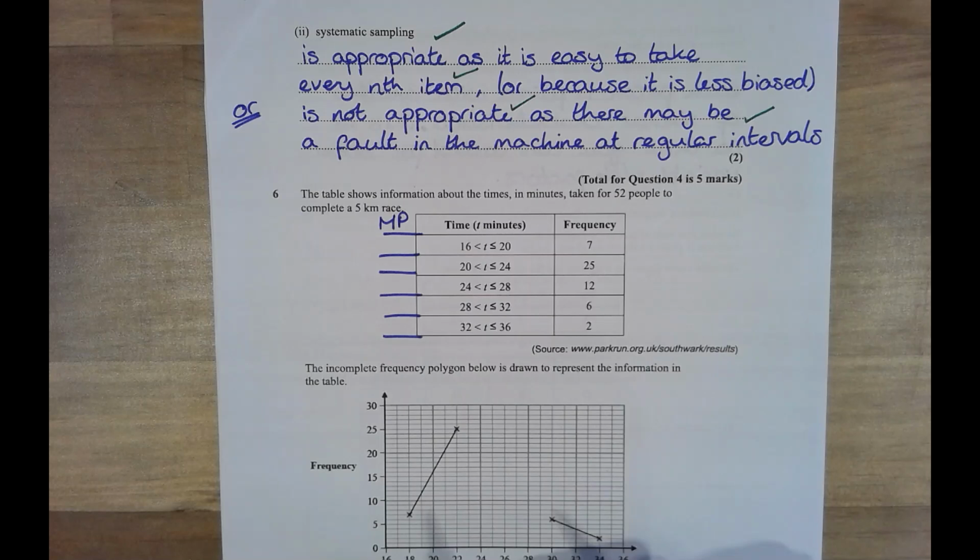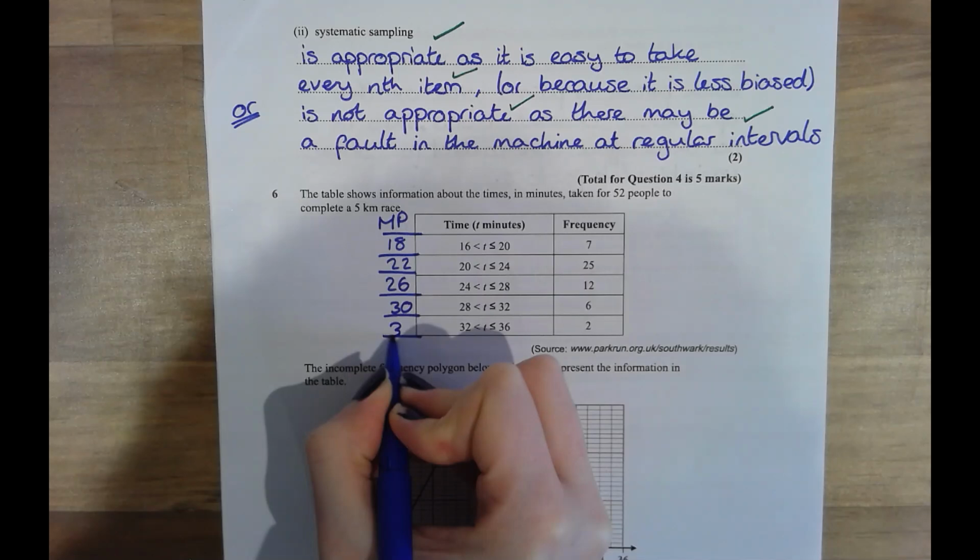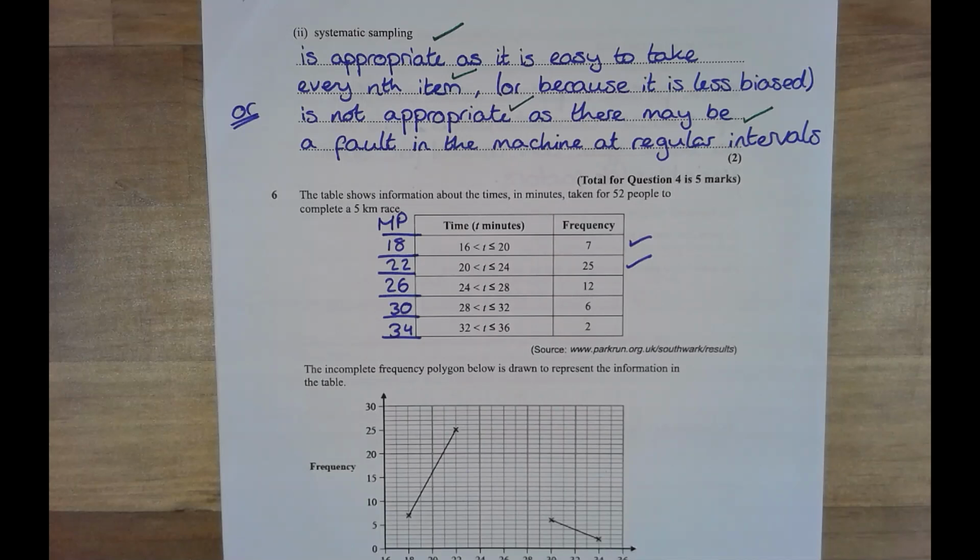First one has already been done for us. Our midpoint would be 18. We can see that that is where it is plotted on that first point. We would then have the midpoint of 22, 26, 30 and 34. We will then take our second one, which has been plotted at 25, so they have already plotted.